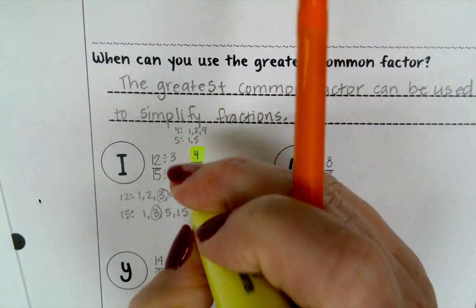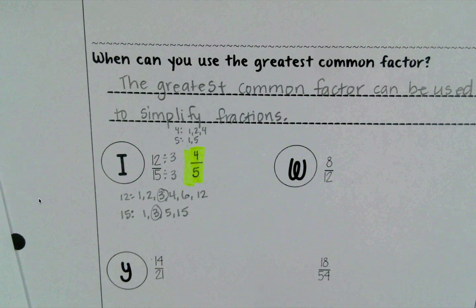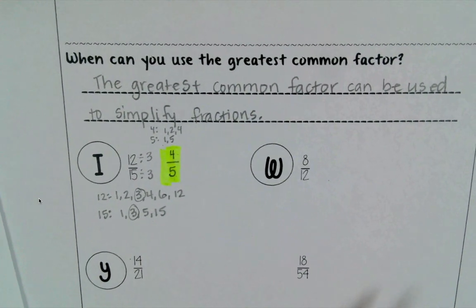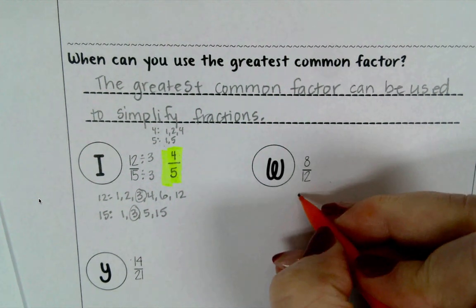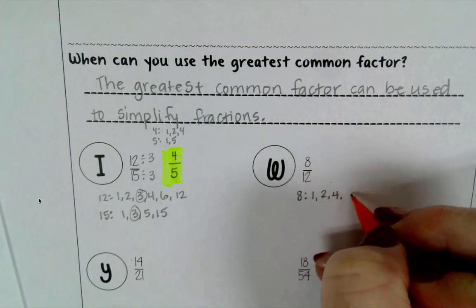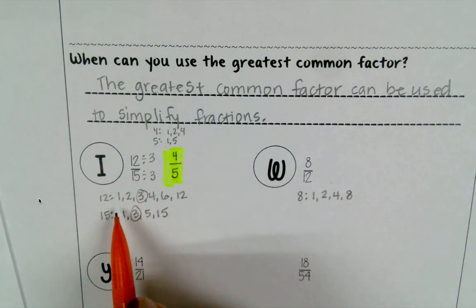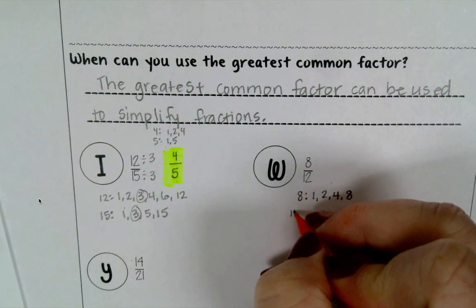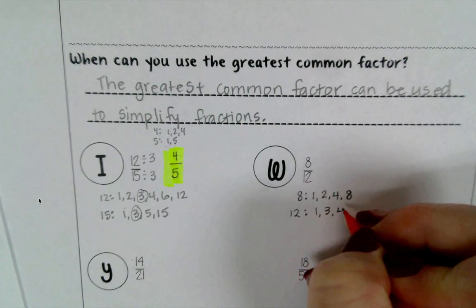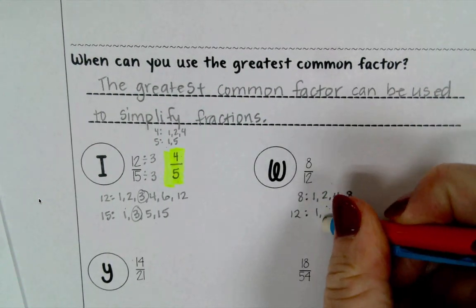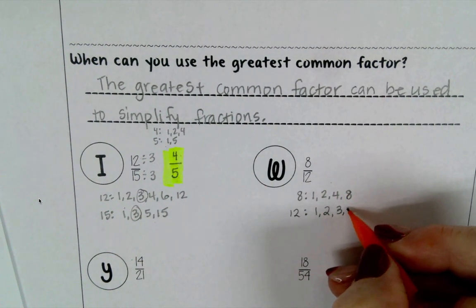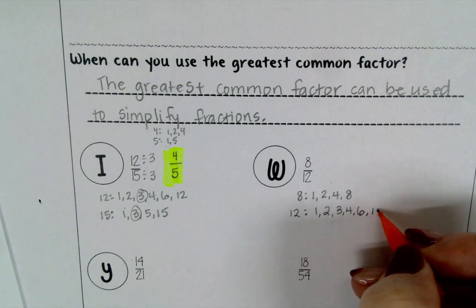Let's do this we do. And this really should be reviewed because we've been simplifying fractions with multiplying, dividing, adding, subtracting all year. So 8/12. Factors of 8: 1, 2, 4, and 8. And then you already have 12. Just copy what you wrote over there. 1, 3. Nope. What did I forget? Forgot 2. 1, 2, 3, 4, 6, and 12.